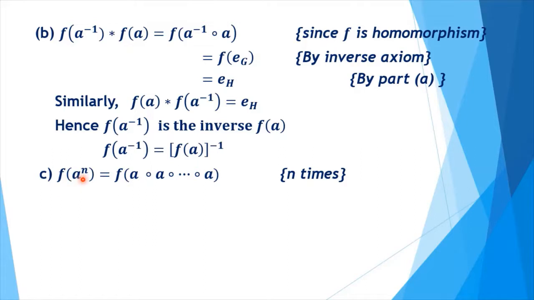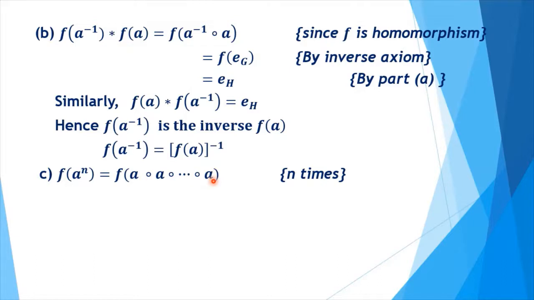Next, we shall prove that f of A power n is equal to f of A whole power n. Actually, this can be proved using mathematical induction, but for a simple proof, let me write like this. f of A power n is nothing but f of A dot A etc., A n times.